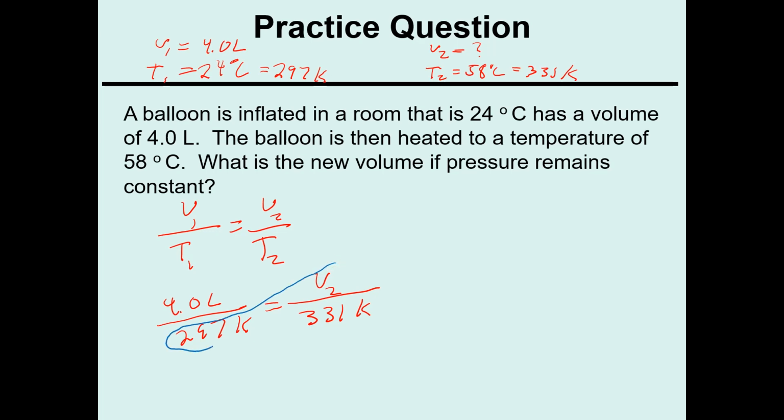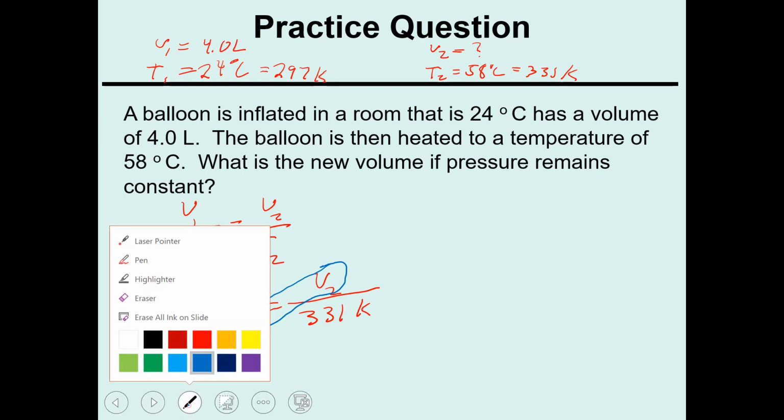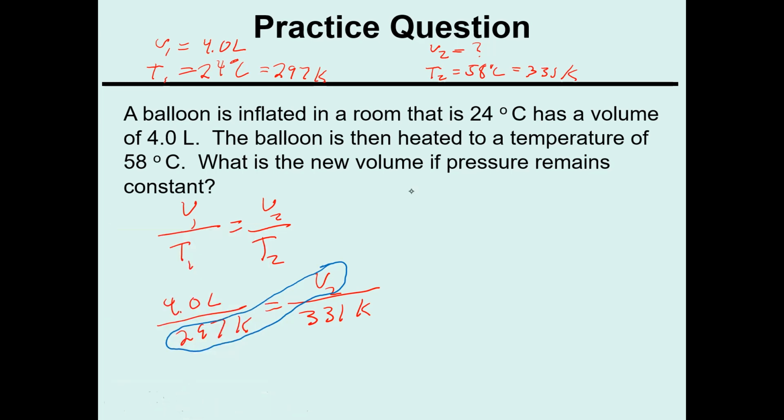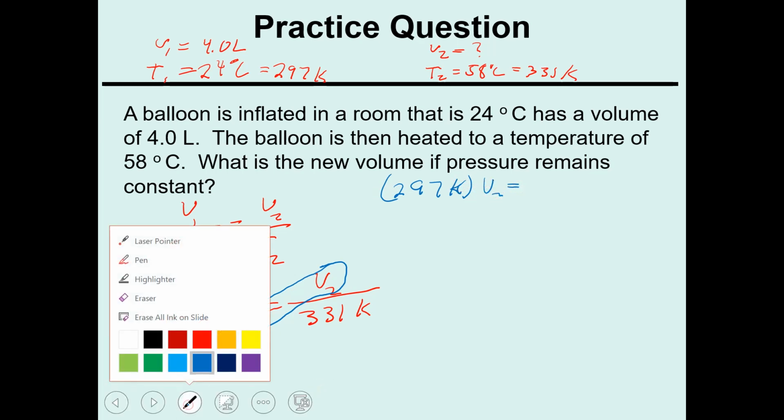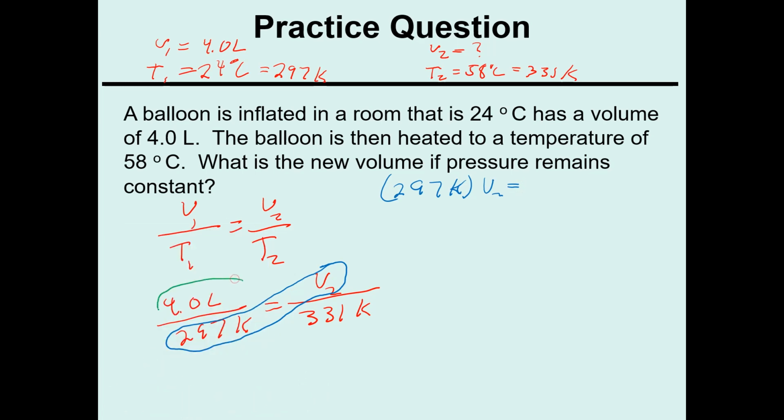So if we cross multiply the side with the unknown, that gives us 297 Kelvin times V2 is equal to, and then we cross multiply the other direction, and that gives us 4 liters times 331 Kelvin.